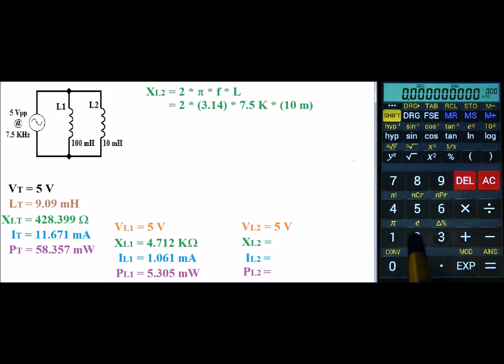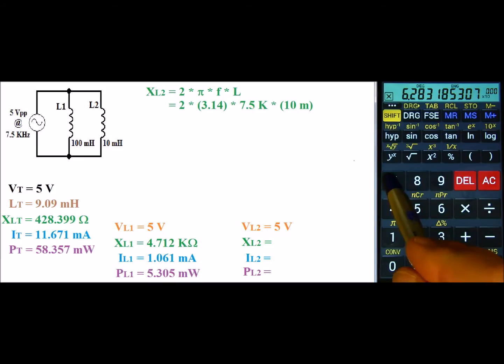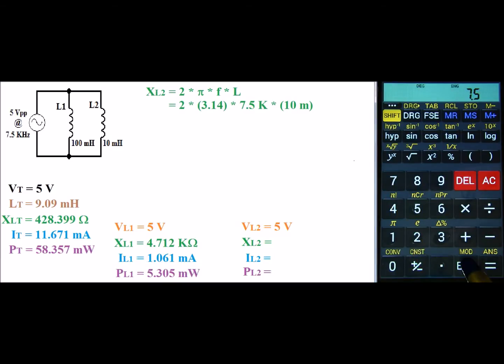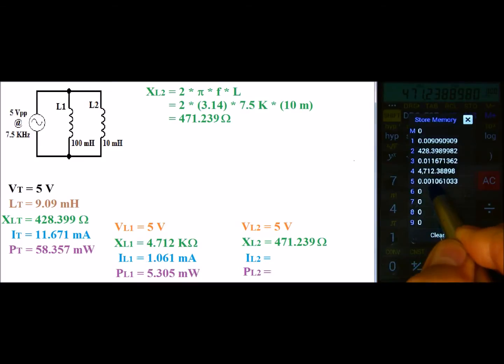So we have 2 times pi times 7.5 exponent 3 times 10 exponent negative 3. And that gives us a resistance of 471.239 ohms. Put that in our memory.